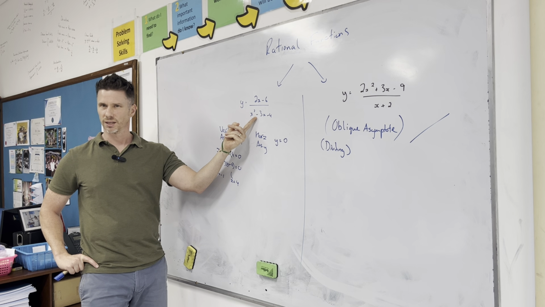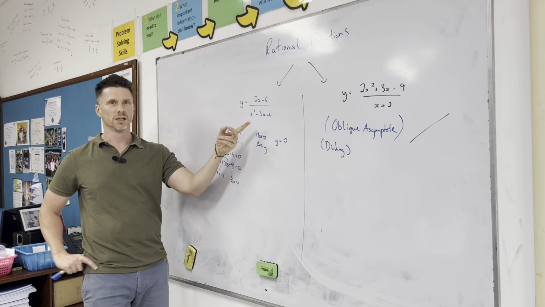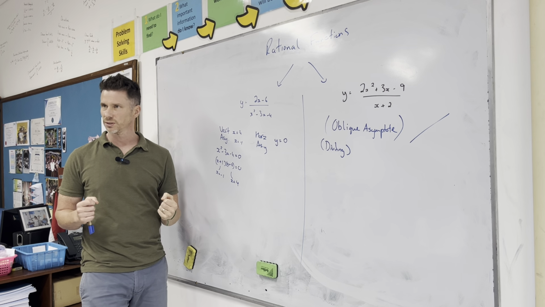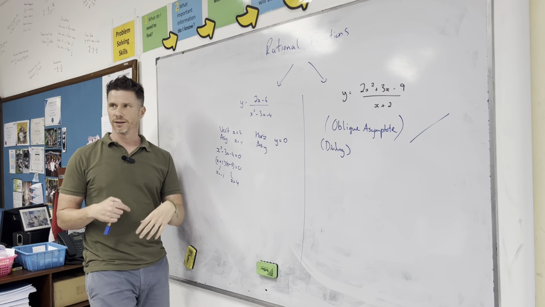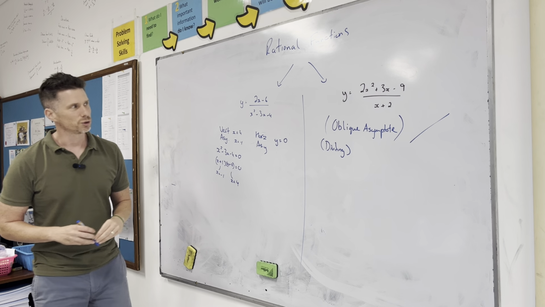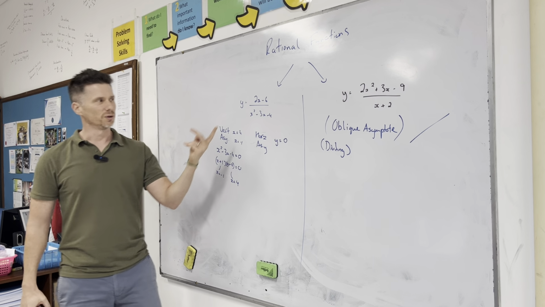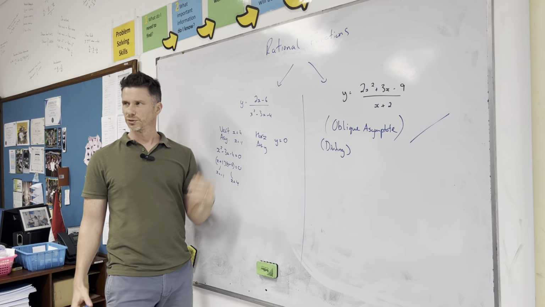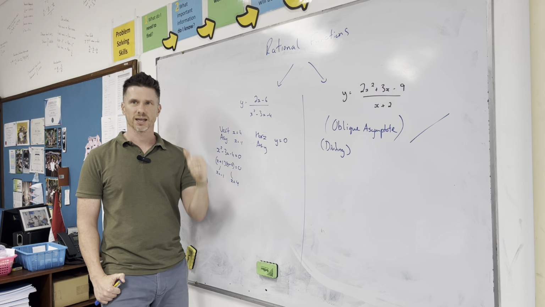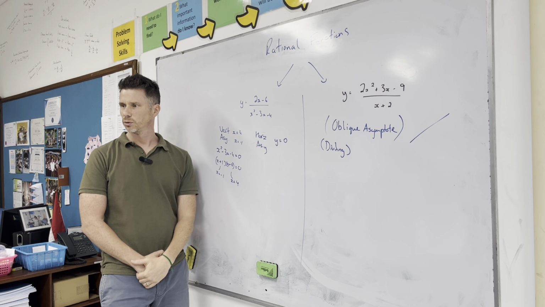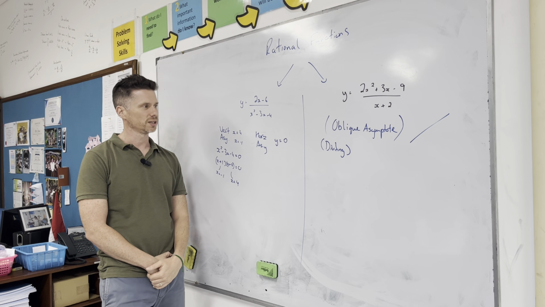So you're just getting a really tiny fraction, like 1 over a million, 2 over a billion, and so on. It'll get closer and closer to 0, and the same thing happens from the other side if x is negative.